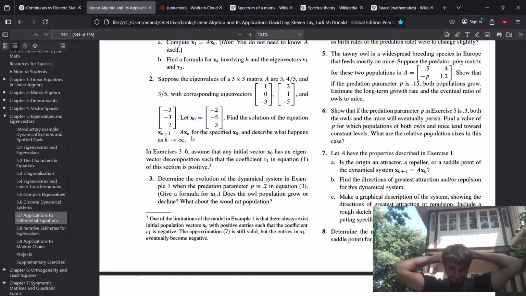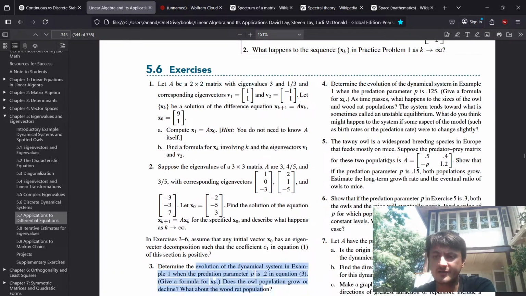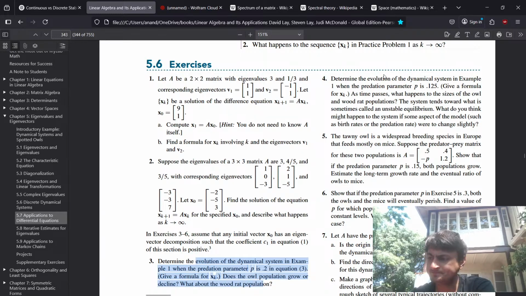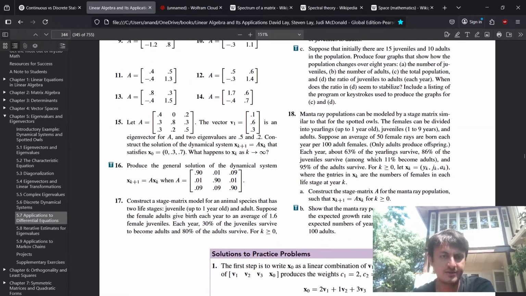Okay. Determine the evolution of the dynamical system. This one's not that interesting anymore. It's just like find the spectra. We said we're going to do 15 next. All right, let's just do 15, and then we'll be done with this section.